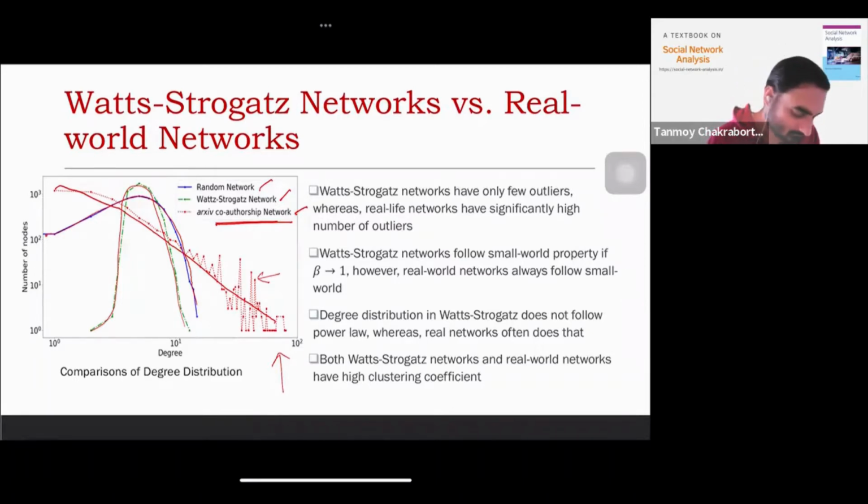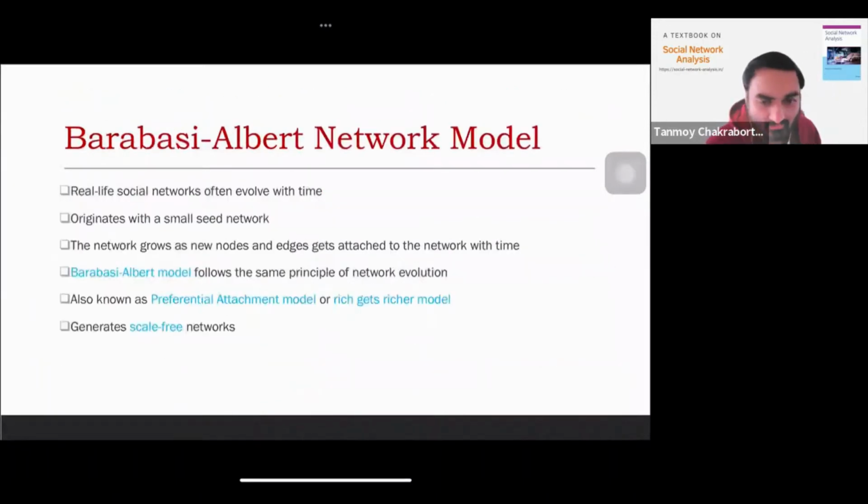So the next model that we discuss is a very famous model, which takes into account the factor that the network would always be following the power law degree distribution. I hope you are understanding the evolution of the network growth models. We started with the random network.